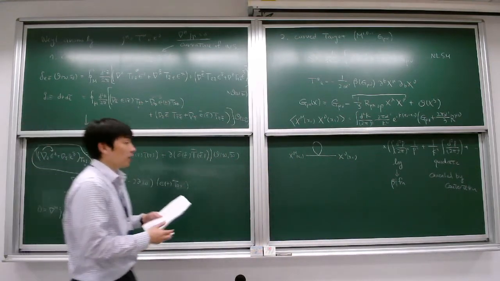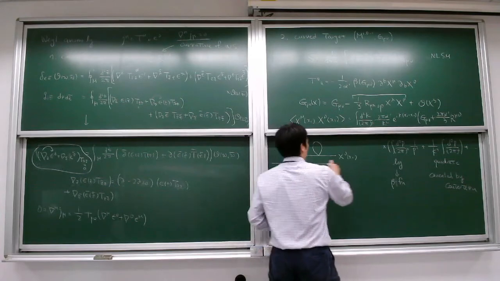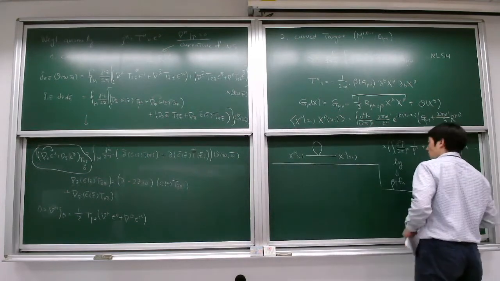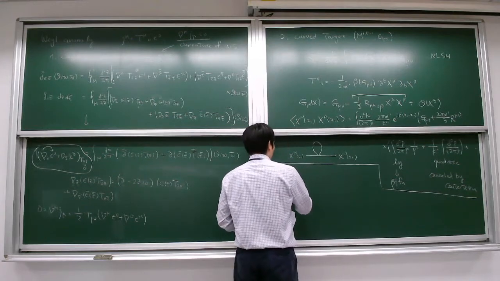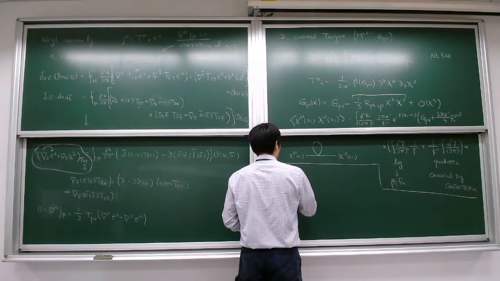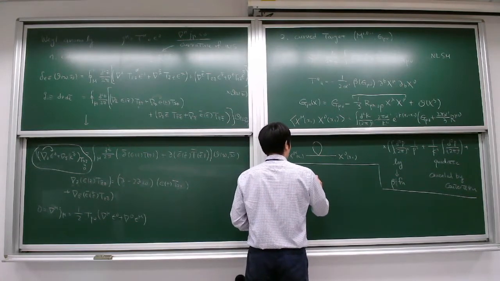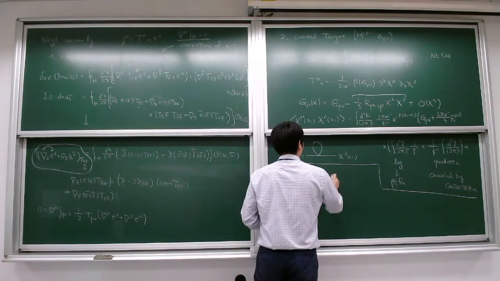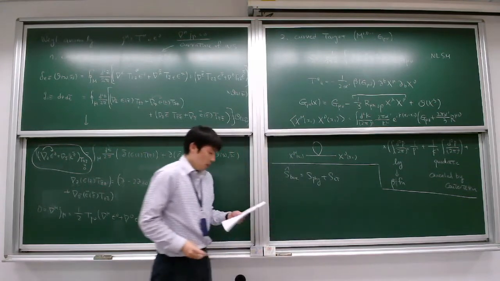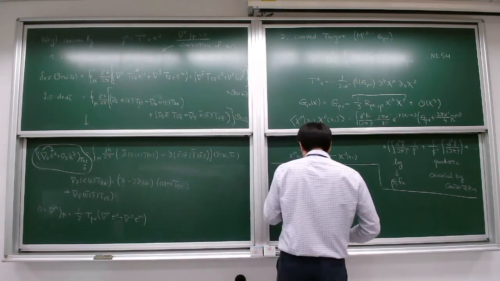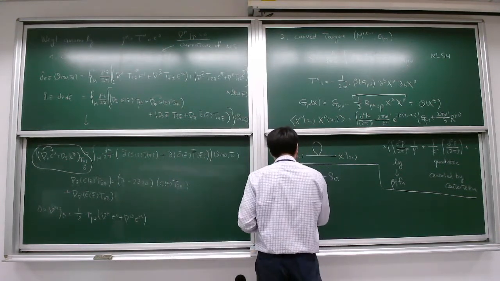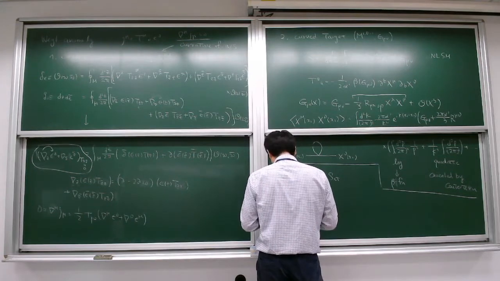That's what you will learn in QFT2: you just define some bare action as S bare equals S physical plus S counterterm. And then do the wave function renormalization, just use your renormalization.